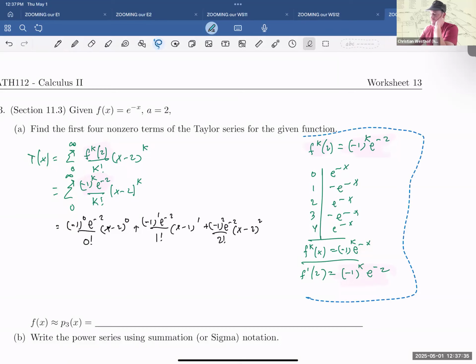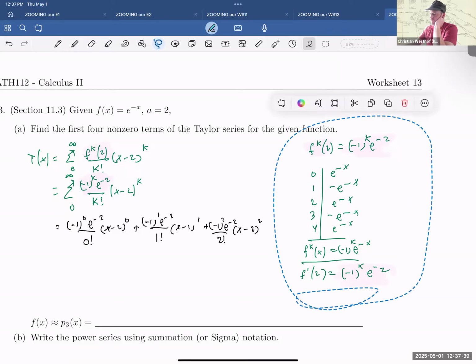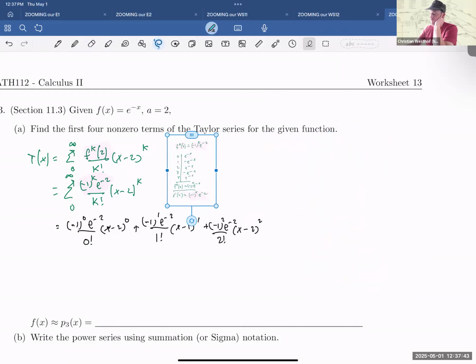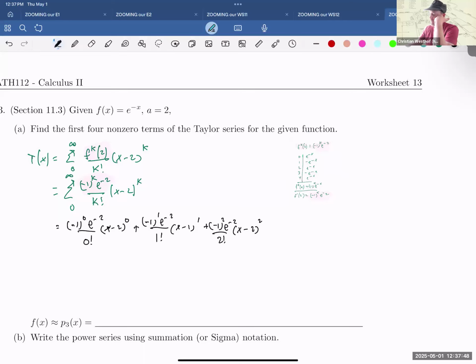We need some space. Let's make that smaller. All right, so those are our first four non-zero terms.